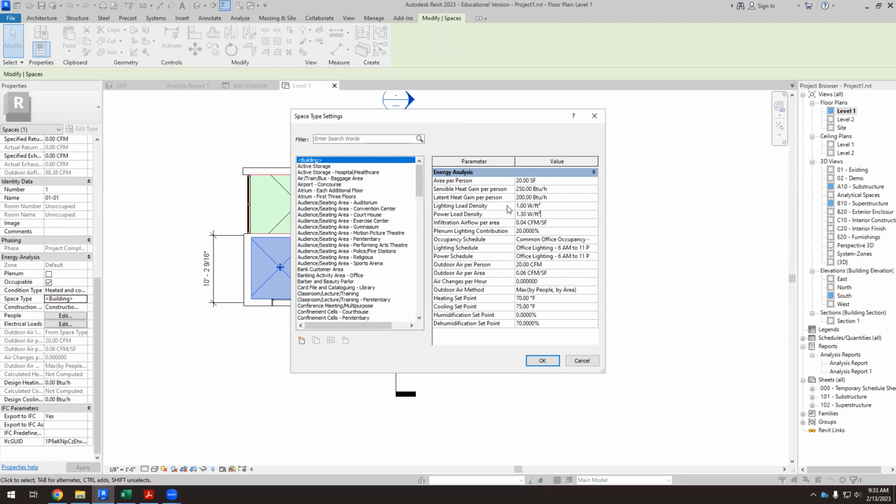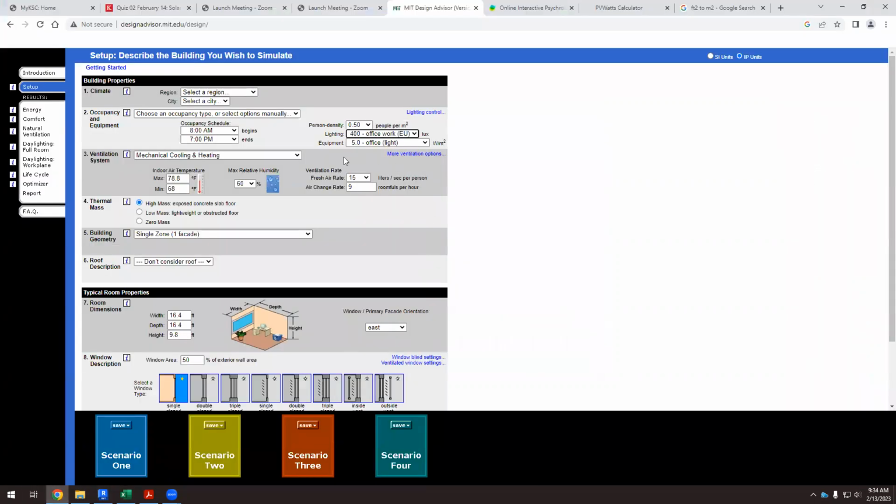So I assume that everywhere in the world we are using the same kind of light because we are working in an office. And then the power load density is the number of computers and devices that we have there. I haven't changed that here, and I'm not going to change this in the design advisor. But again, they are asking for the same parameter in different units.